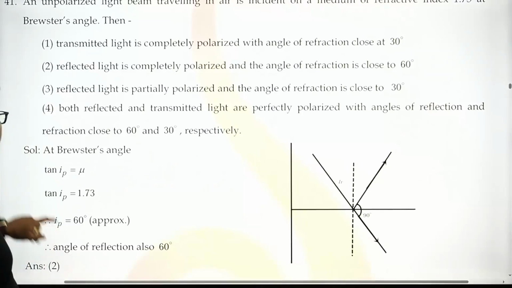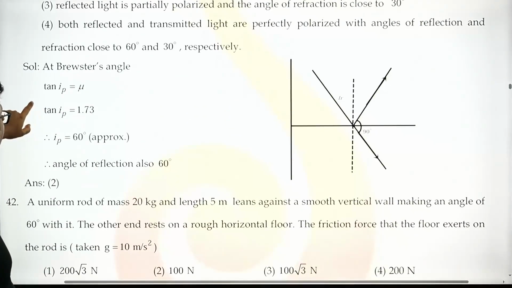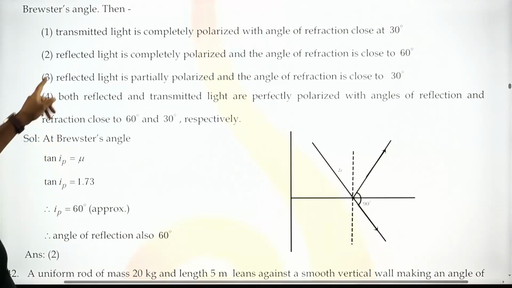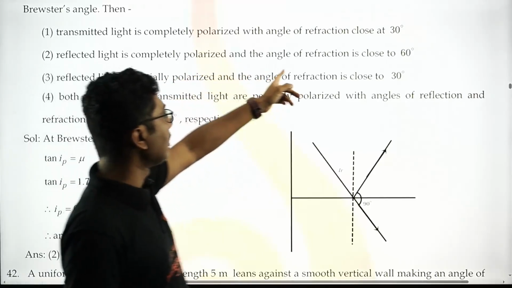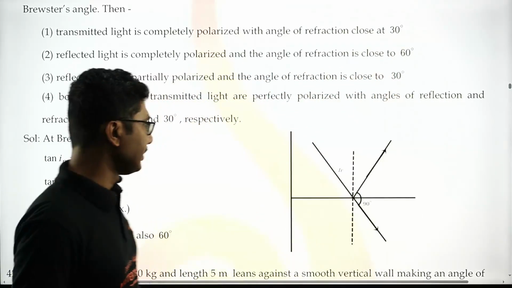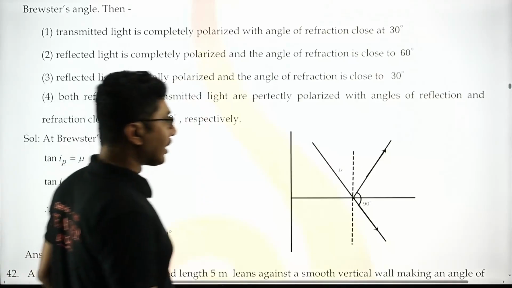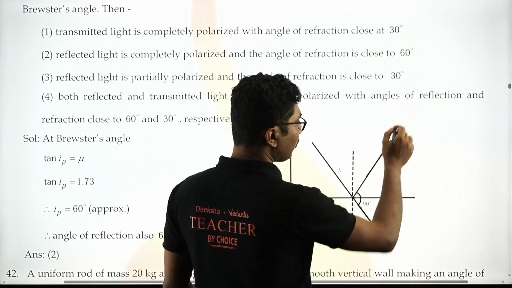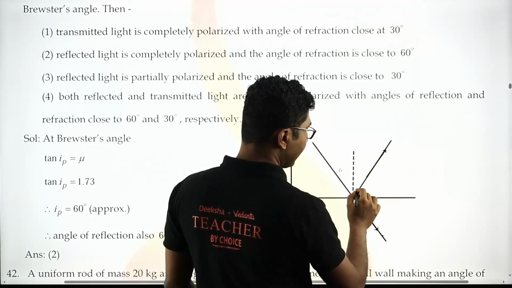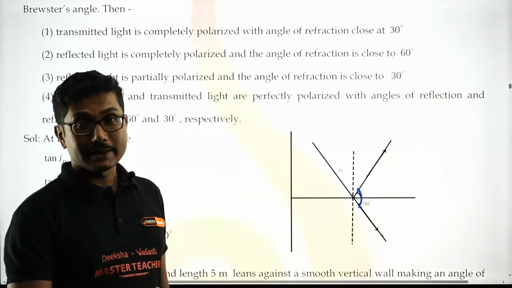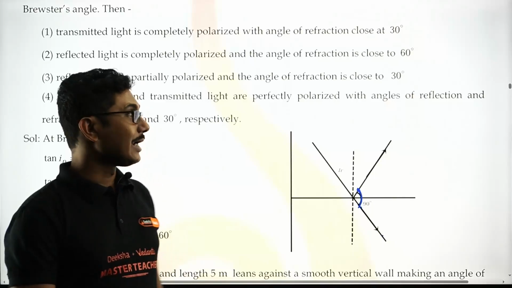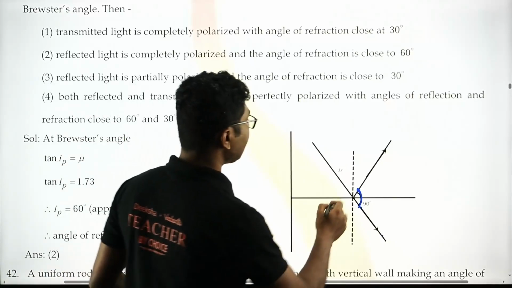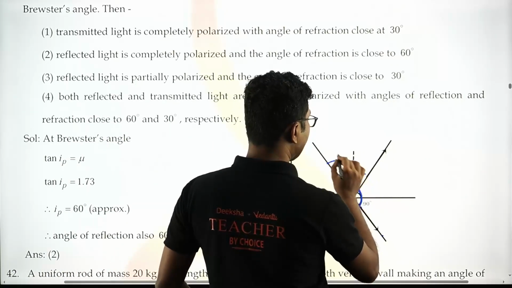So the correct answer is reflected light is completely polarized and angle of refraction is close to 30 degrees. One more thing is that this is partially polarized, this is completely polarized, and the angle between the reflected ray and refracted ray is 90 degrees. Now this angle is given 30 degrees. Okay, incident angle is given 30 degrees.